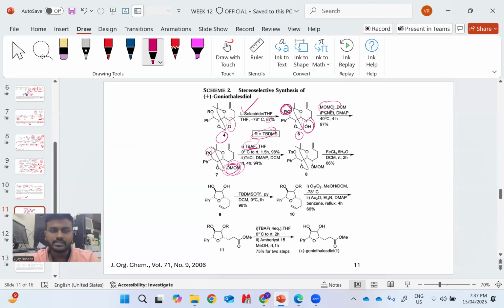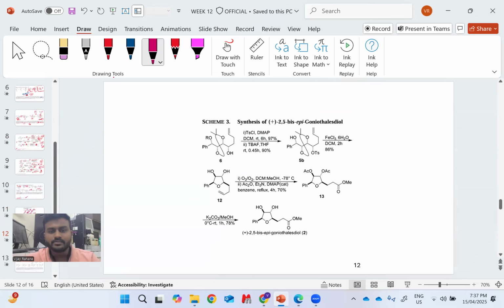So this silyl group is removed using this TBAF, and once this TBDMS gets removed, then again it is protected with the tosyl group, and further FeCl3 is added. So this FeCl3, upon addition, gives the formation of this product. So you can look at the mechanism, how this reaction works.